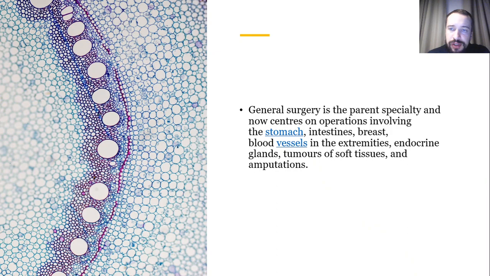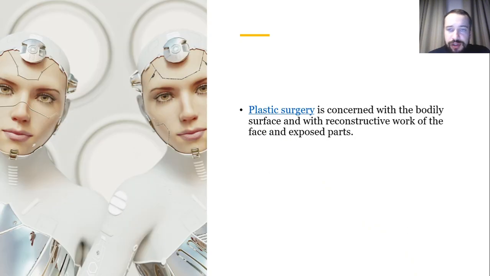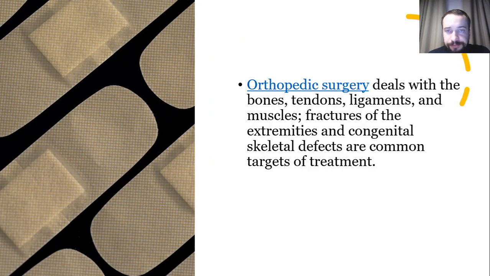General surgery is the parent specialty and now centers on operations involving the stomach, intestines, breast, blood vessels in the extremities, endocrine gland, tumors of soft tissue, and amputations. Plastic surgery is concerned with the bodily surface and with reconstructive work of the face and exposed parts.